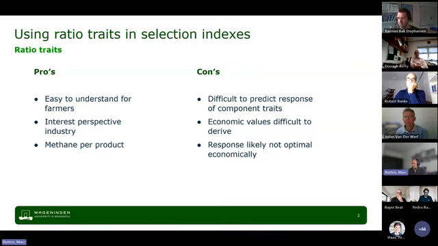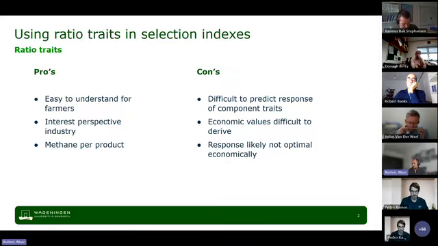The cons have been that it's difficult to predict the response of component traits, especially if you have more traits in the index and in the breeding goal. That's also because economic values are difficult to derive if you have several traits next to a ratio trait in the breeding goal. And it's likely not optimal. The response is likely not optimal economically.